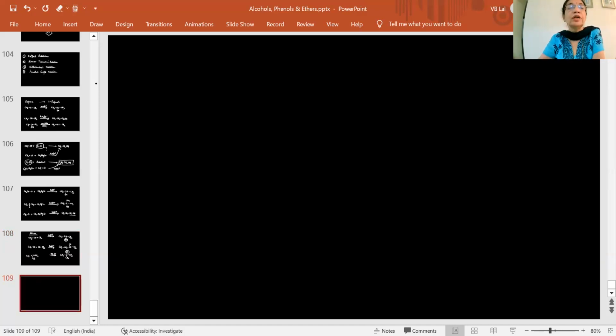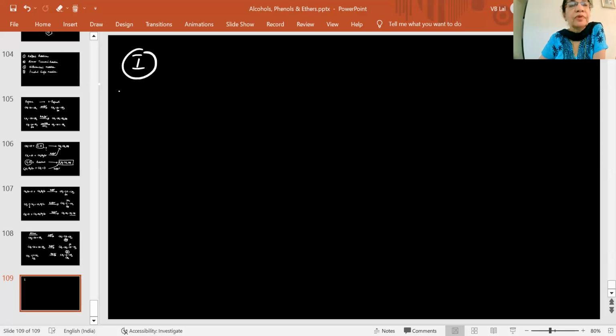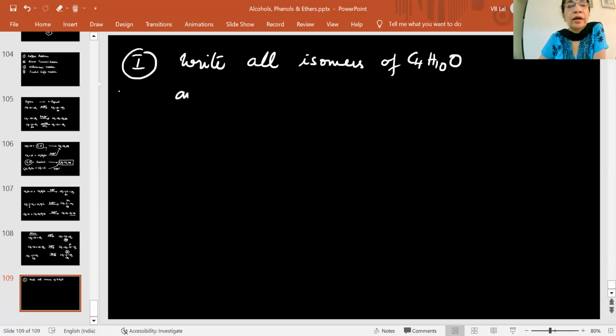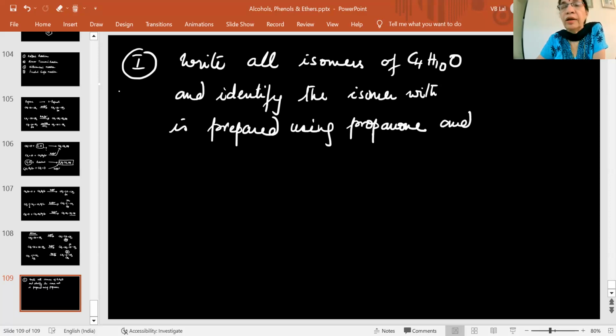Okay, so the first question that I would like to do is: write all isomers of C4H10O and identify the isomer which is prepared using propanone and methyl magnesium bromide.